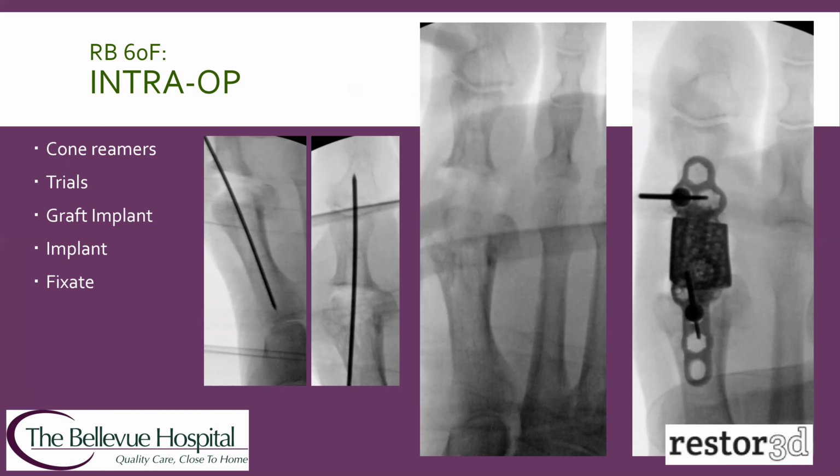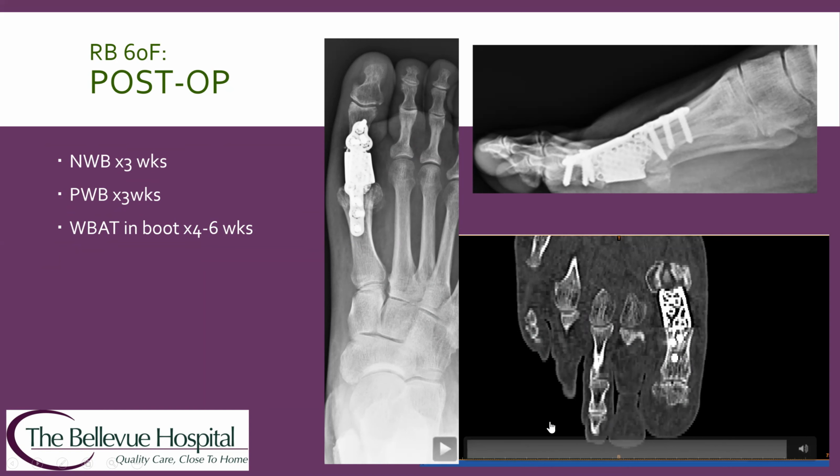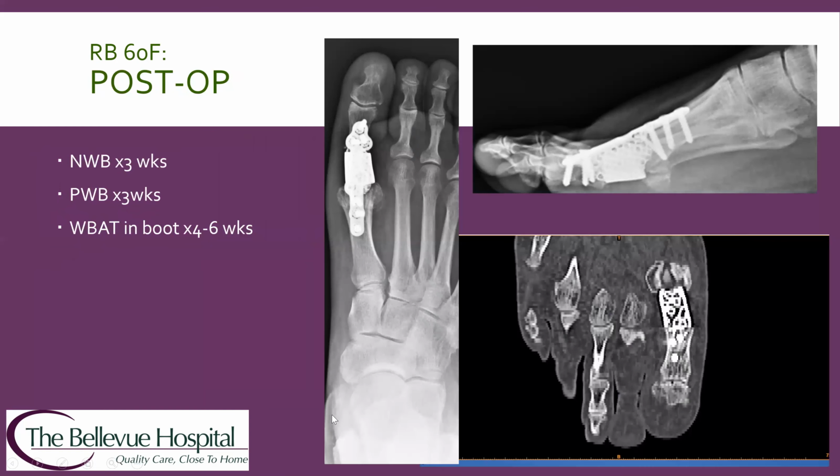Once you get this in, we've also done it where we have screws going from the implant into the phalanx and the metatarsal. Believe it or not, once you get things out to length, and that rough surface makes things intrinsically fairly stable, I would still say add some additional fixation. Like in her case, we threw a 3-5 plate over top, getting at least 3 to 4 screws in each side bicortically.